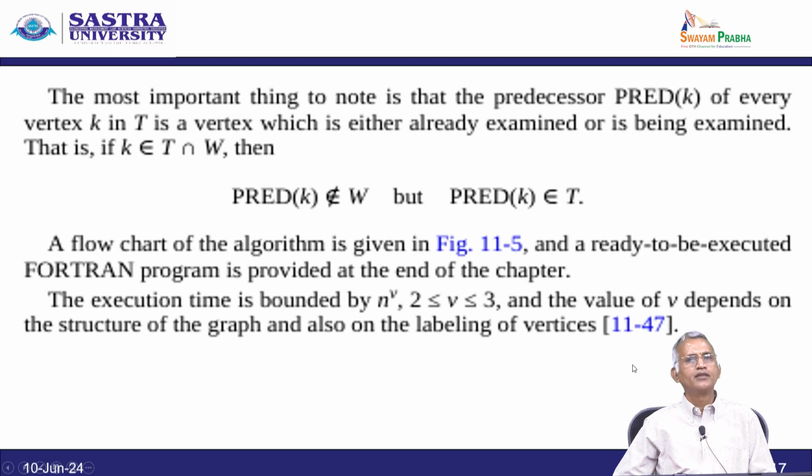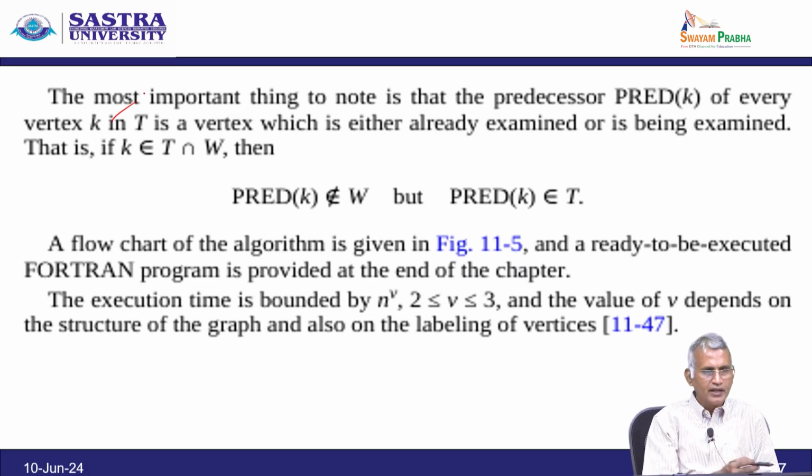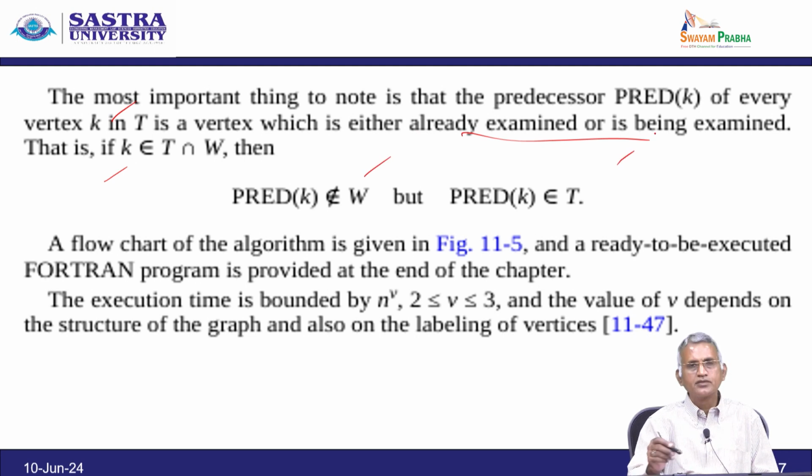Now, the most important thing to note is the predecessor of every vertex K in T. If K belongs to T intersection W, then the predecessor of K is not in W but the predecessor of K is in T. The flow chart of the algorithm is given in the figure and is ready to be executed, and now you can write any program, provided at the end of the chapter.